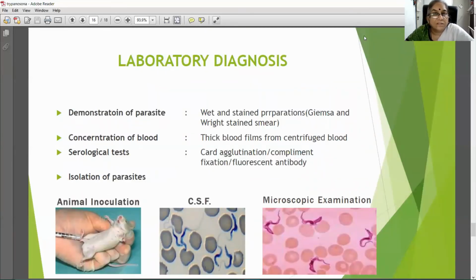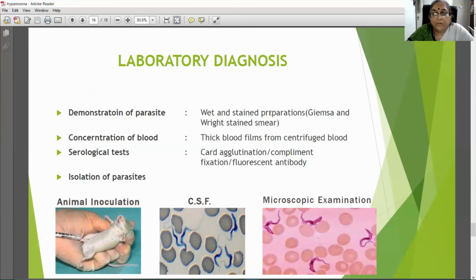Lab diagnosis. Demonstration of the parasite can be done by wet preparations and Giemsa and Leishman stain smears. So for the blood examination, you take peripheral blood and prepare the wet film.